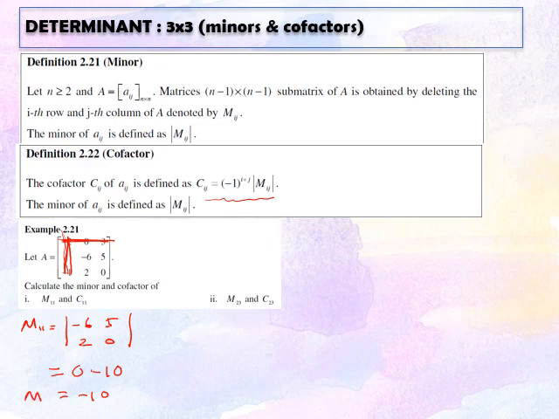How about C11? We use this formula: negative 1 to the power i plus j, where i is the row number and j is the column number of the minor. So it will be positive, right? Because negative 1 to the power 2 is 1. So we're left with negative 10. That's it.